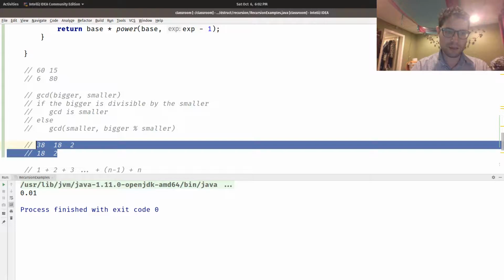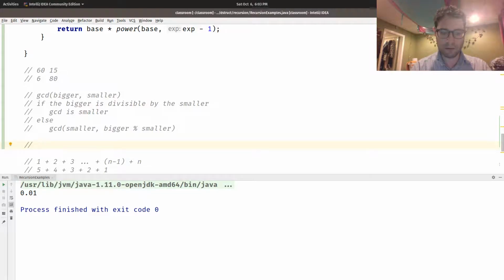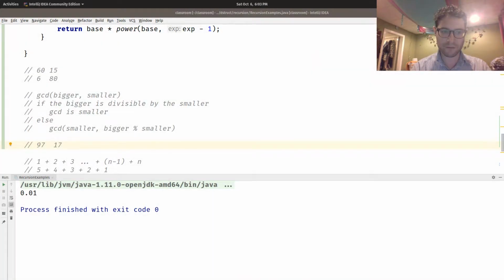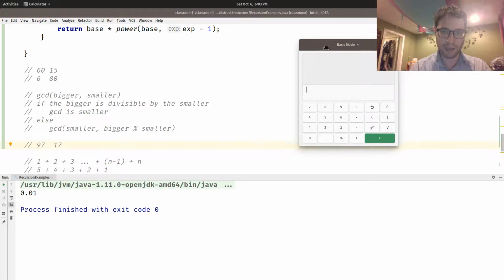All right. Now for the last one, it was 17 and 97. So I'm going to put 97 over here and 17 over here, right? These do not evenly divide each other, not by a long shot. So I'm going to use my handy-dandy calculator instead of computing this by hand.